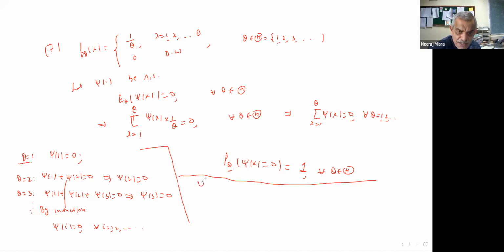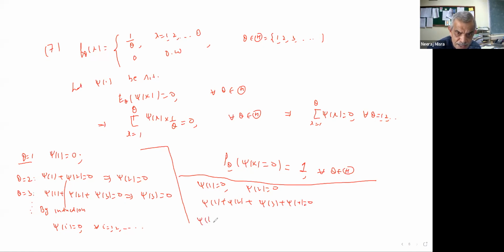So that means I know psi 1 is 0. Psi 1 plus psi 2 is 0, so psi 2 is 0. Psi 1 plus psi 2 plus psi 3 being 0, I do not know, because theta equal to 3 is not there. M naught is 3, so that is not there. So what I know is psi 1 plus psi 2 plus psi 3 plus psi 4 is 0.